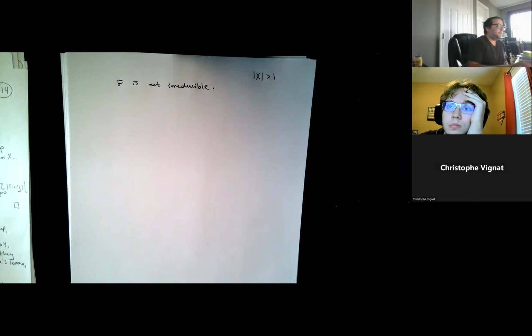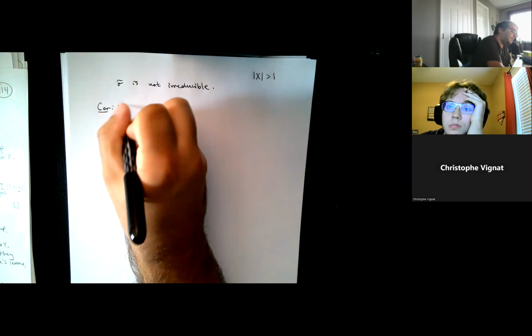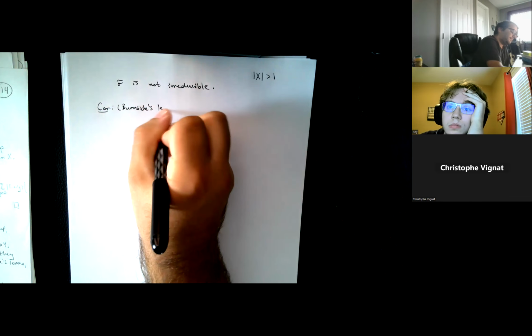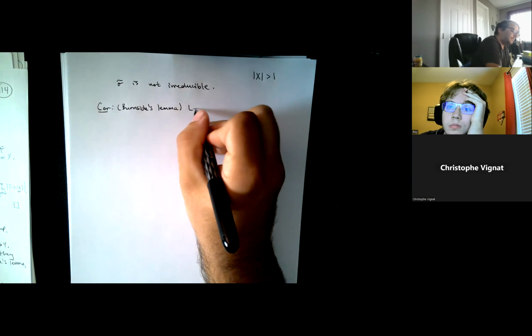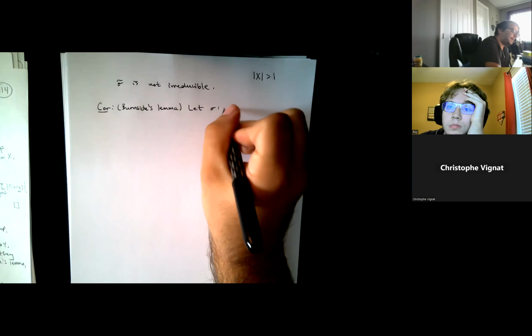And now that brings us to a nice corollary of this result, which is Burnside's lemma. This is a very nice lemma used all the time in combinatorics.